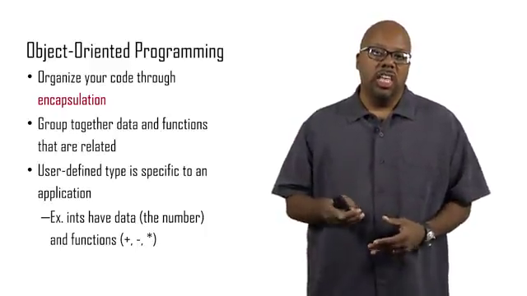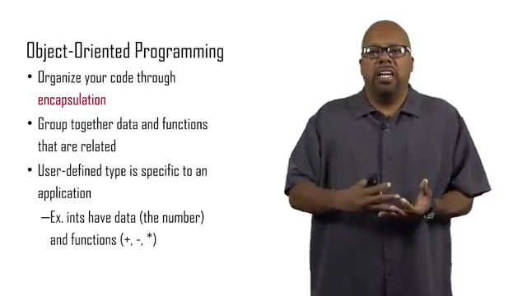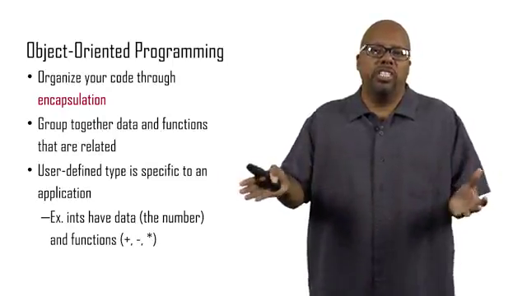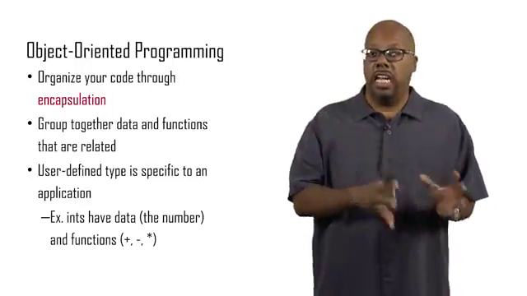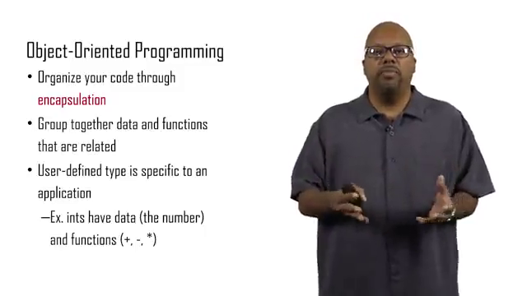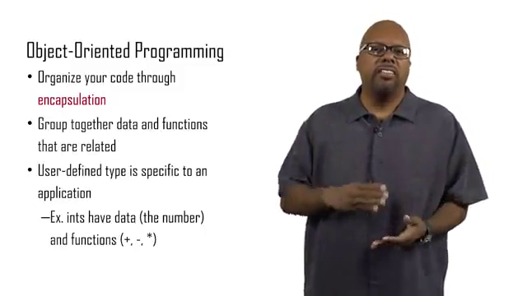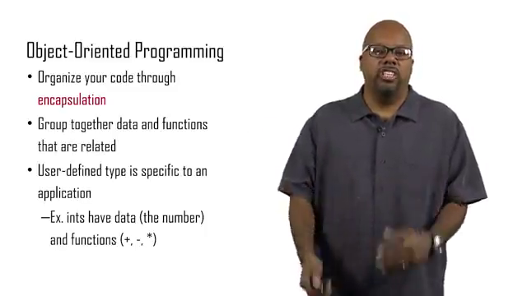But in addition, the class of integers also has a set of functions: plus, minus, times, divide, different operations that you can perform on integers. So every class you can see as having data, whatever the data is, and a set of functions associated with it. A type like an integer is a very simple class. It's got just one piece of data, and a bunch of functions that apply to integers.